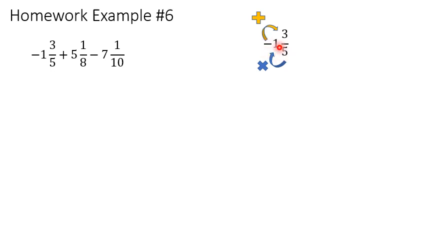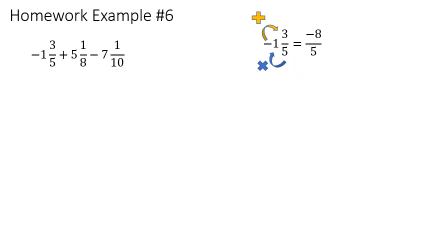But I'm going to say 5 times 1, and then I'm going to add the numerator. So I have 5 times 1 is 5. I'm going to add the numerator, and that is 8. And so that turns out to be 8 over 5. And then I'm just going to put the negative back in there. Okay. So 1 3/5 is the same thing as 8/5, so negative 1 3/5 is the same thing as negative 8/5.